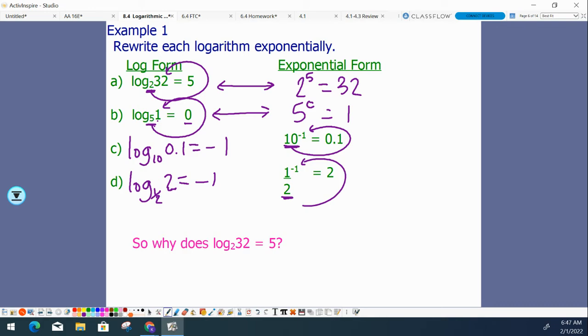Now, I want you to think about, why does log base 2 of 32 equal 5? So the key to all of this, where were all of these answers exponentially? The answer's the exponent. All right? So think about what this is saying.